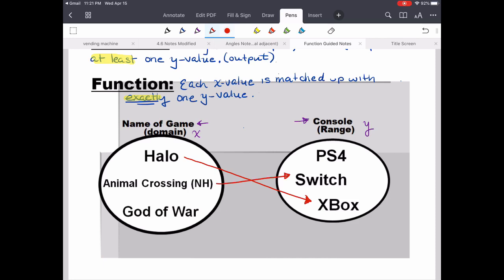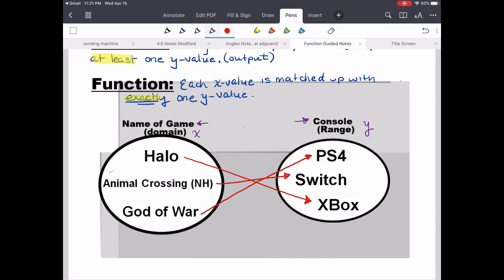And then God of War, which is a terribly good game. I'm not sure if you guys are familiar with it, but I know many people that really love God of War on the PS4. But those are exclusively games. Halo's exclusively a game for Xbox. Animal Crossing is for New Horizons. That is definitely for Switch, and God of War is only for a PS4.